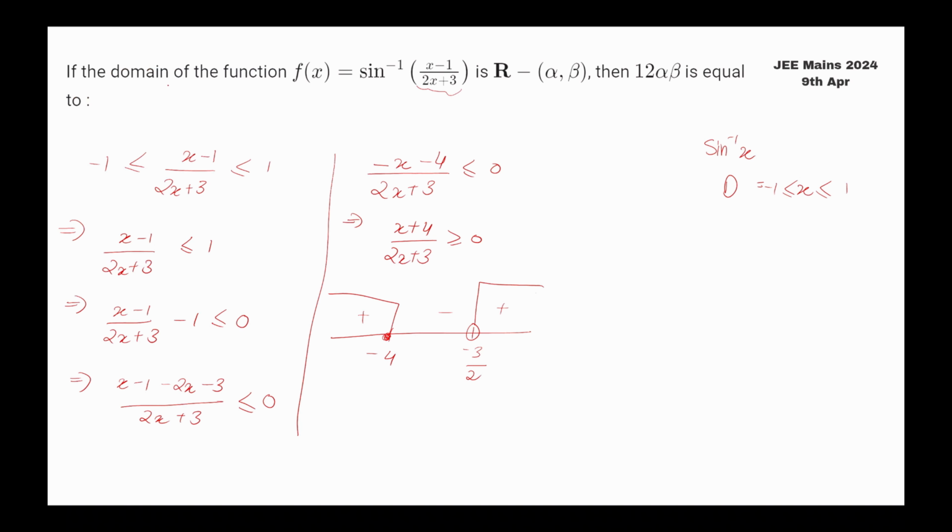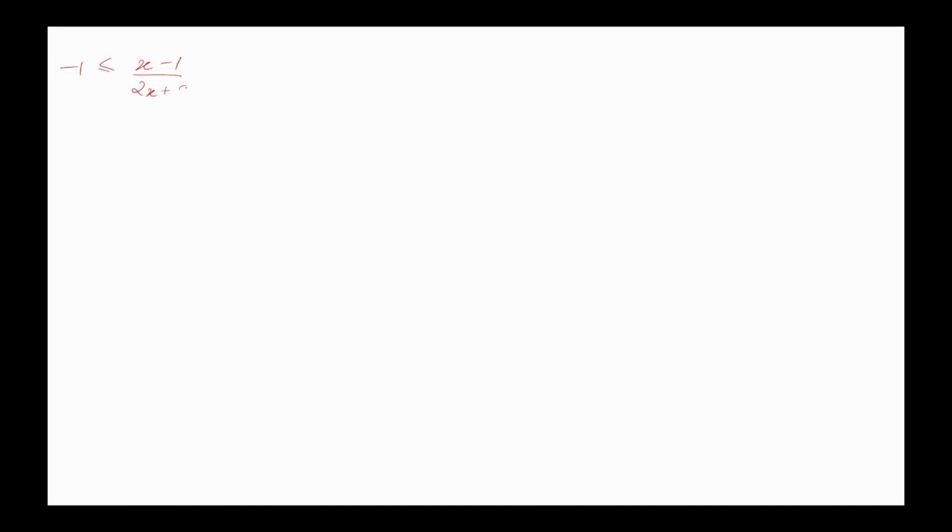(x minus 1) upon (2x plus 3). So from here what do we get? Basically (x minus 1) upon (2x plus 3) plus 1 greater than equal to 0. So from here this would become (3x plus 2) upon (2x plus 3) greater than equal to 0. I'm writing it down directly. You can solve it step by step according to you.